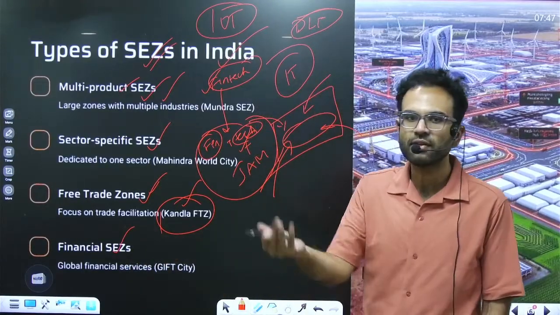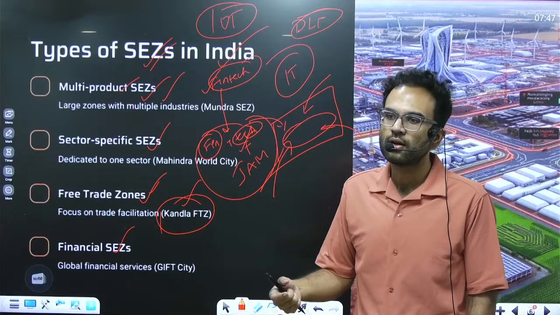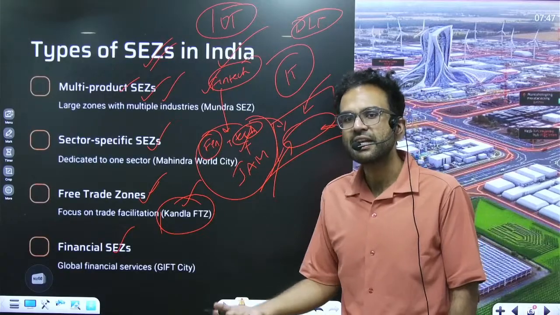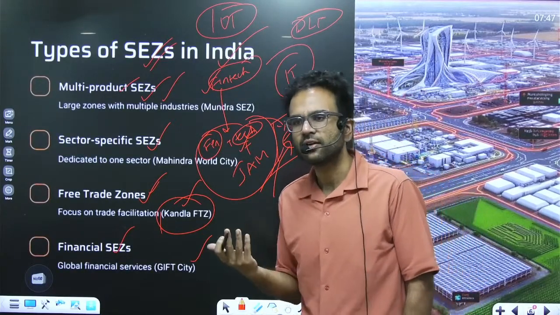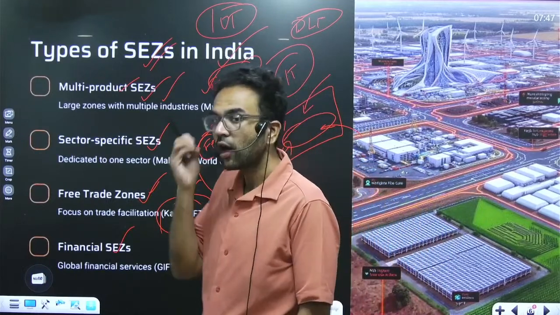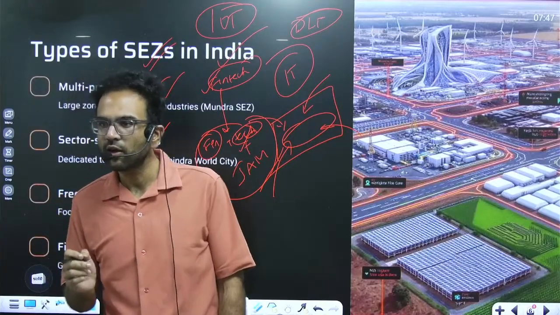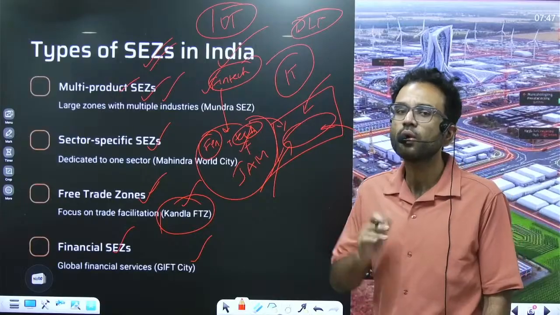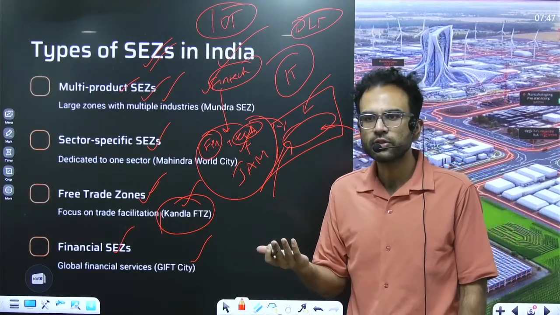Then you have the financial SEZs. For example, you have this GIFT City. This is one area which is probably going to click well, because just like the IT sector, fintech is one evolving sector which requires just knowledge as the capital. So knowledge based economy SEZs do relatively well in this country because people are okay to travel out of their comfort zone.